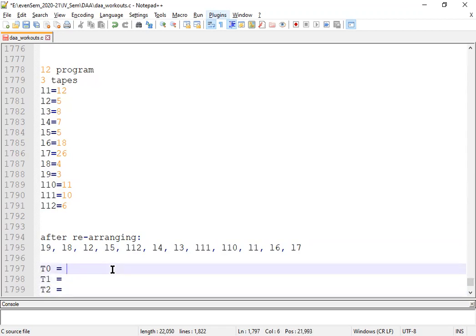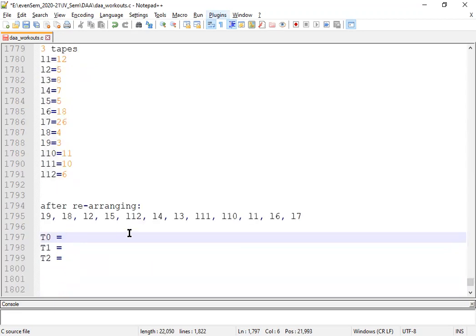Now, let us make it simpler in this case. How are we going to store them? First one is L9, so L9 is going to be stored on T0. The next is L8, that L8 will be stored on the second tape. Then third is L2, that L2 will be stored on the next tape, that is T2.